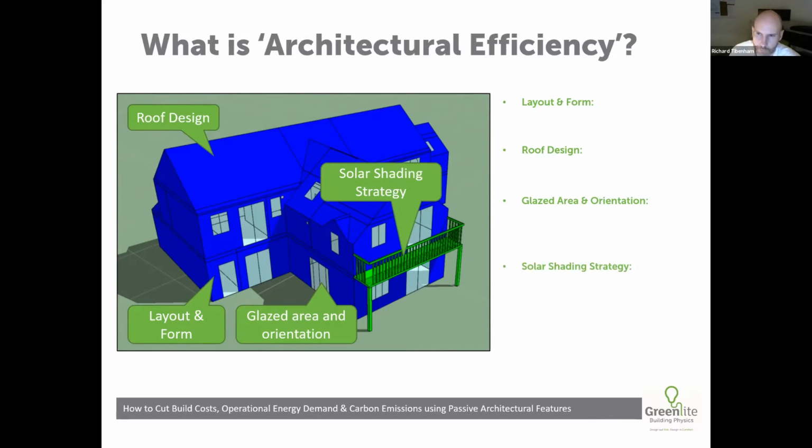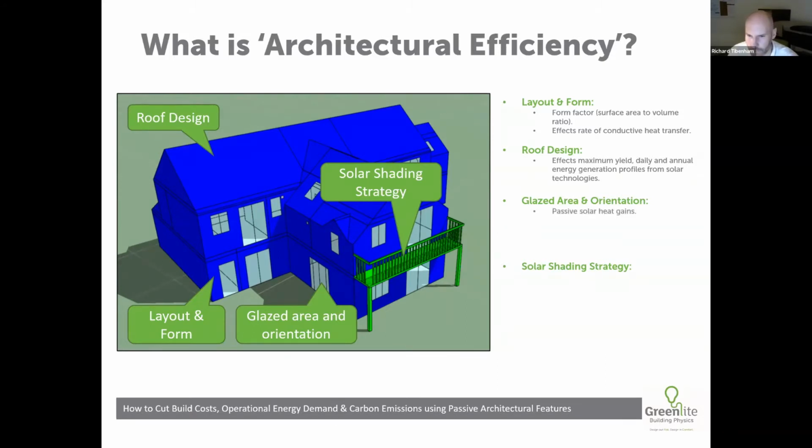So in terms of the layout and form, talking about things like the form factor, that's the surface area to volume ratio. The form factor affects the rate of conductive heat transfer from the building. The roof design can affect the maximum yield and the daily and annual energy generation profile from solar technologies.